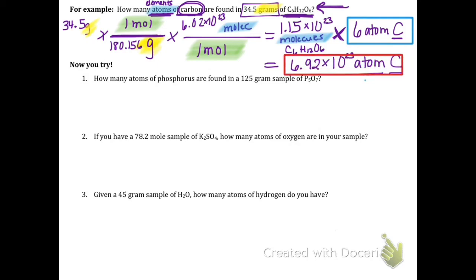Ooh, I don't want to cover up that 23. Let me try one more time here. Like that is our final answer: 6.92 times 10 to the 23 atoms of carbon. An extra step when you're going from, right? So pay attention here. When you're going from a compound to an element, you have one extra step.